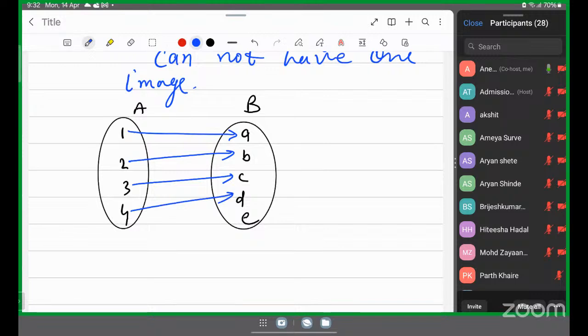Or in other words, any two elements of set A cannot have one image. If 1 is connected to A, 2 cannot be connected with A. So one element from set A is connected with one element from set B. That's why we are naming it one-one.